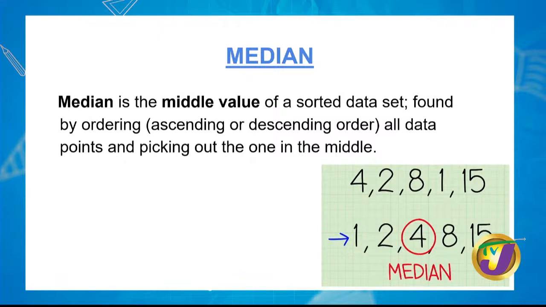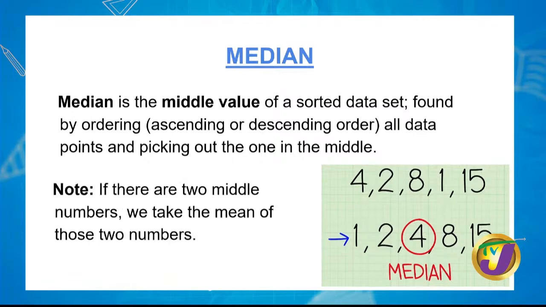So you would see the upper values that are unordered as it is right now, and then we go about ordering it, in this case, in ascending order. And then the middle value from that data set is the median. Okay, so median, middle. Yes. All right. If there are two numbers in the middle, we can take the mean of those two numbers, and that will give us the median. And we know what the mean is from before.